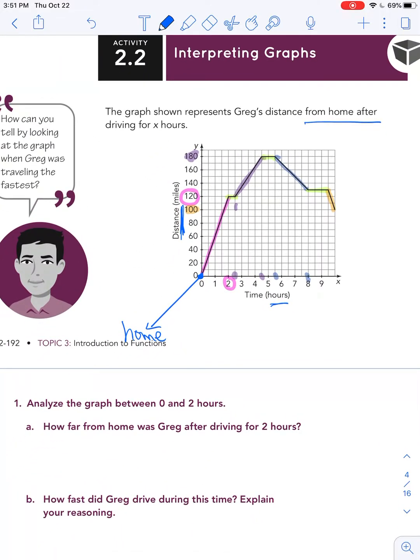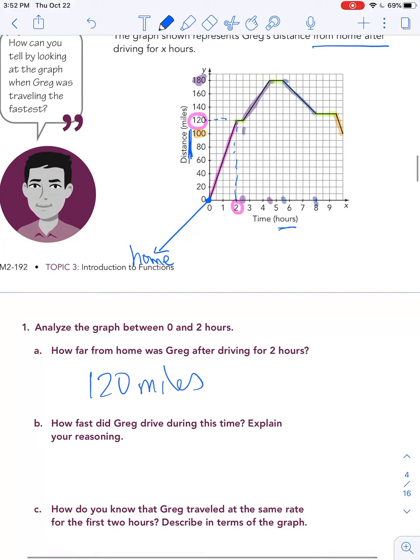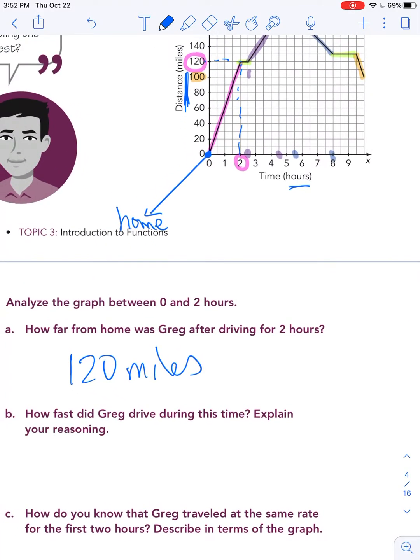It says, how far away from home was Greg after driving for 2 hours? So here's our 2 hours. How far away from home was he? He was 120 miles from home. How fast did Greg drive during this time? So that's miles per hour, isn't it?